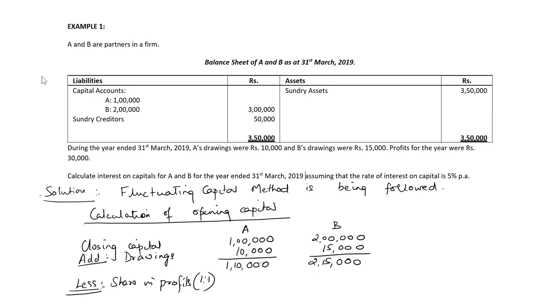We'll divide the profits of 30,000 equally. Therefore, the opening capital in the case of A, it's 95,000. And for B, it is rupees 2 lakh.